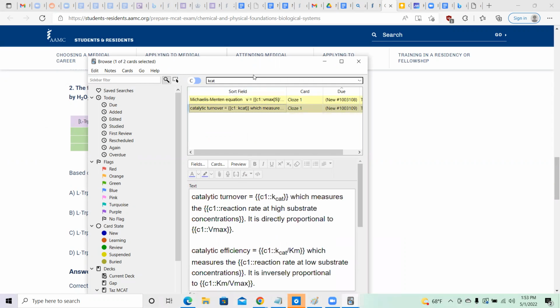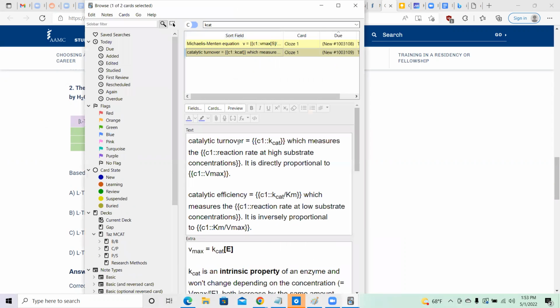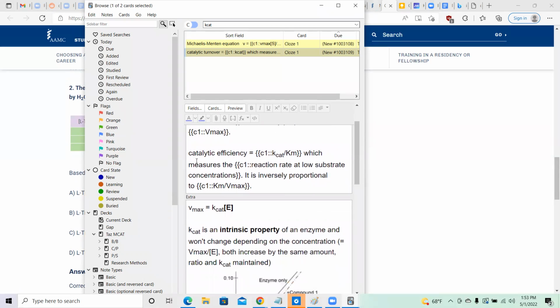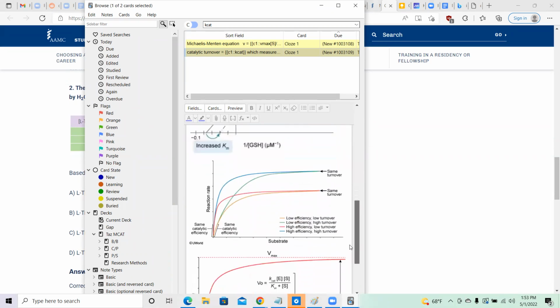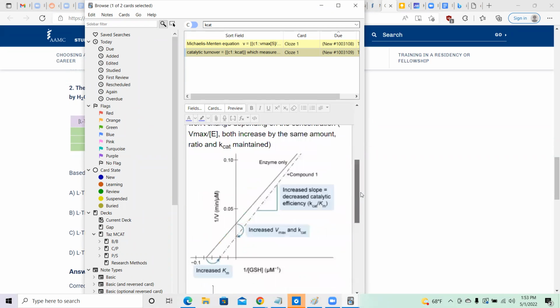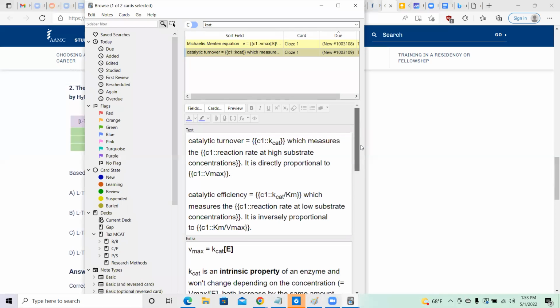And we've got here turnover, just like she said, catalytic turnover, kcat, which measures the reaction rate at high substrate concentrations, directly proportional to Vmax, not to be confused with catalytic efficiency, which is kcat divided by Michaelis-Menten constant, which measures the reaction rate at low substrate concentrations. So if you saw this question and you're like, I've never heard of kcat, I need to learn about it, go to these cards and you figure it out, right? And you go to whatever resource you need.